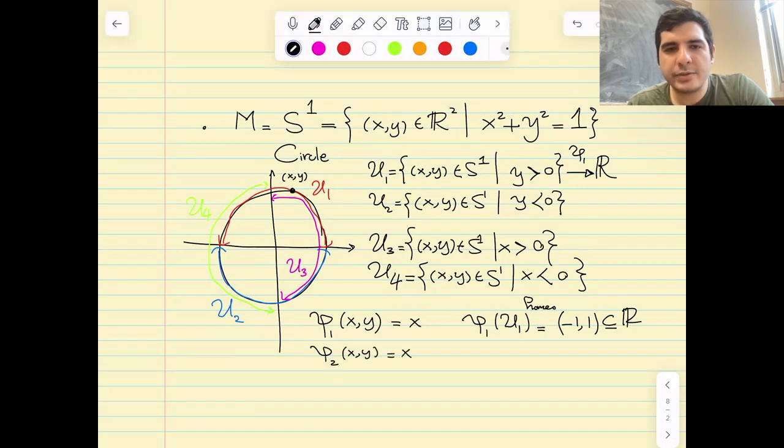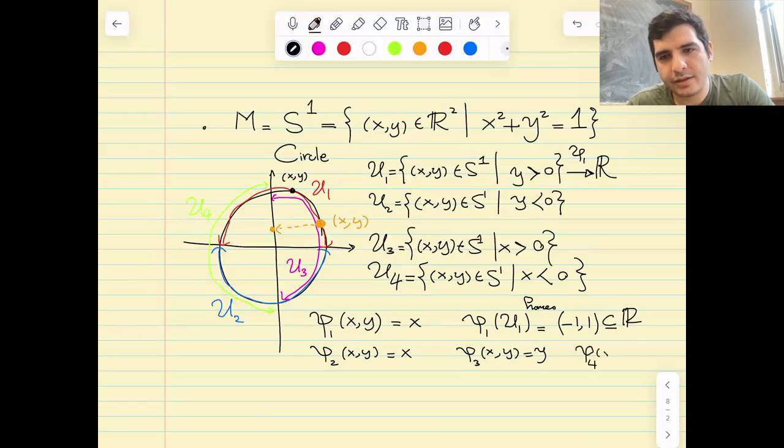I define phi2 in a similar way. Phi3 sends x, y to y. It means if you pick any point, let's say in U3, the orange one, it's like the projection to the value of y. I define phi4 in a similar fashion.